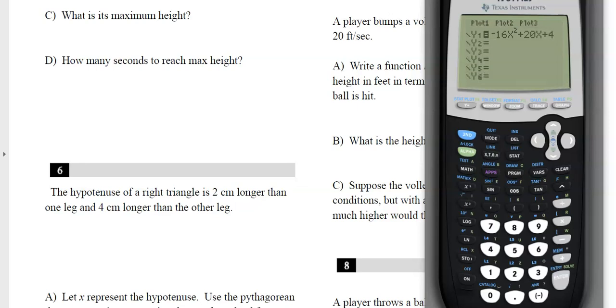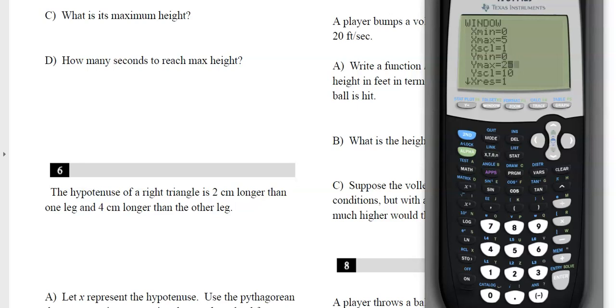So let's think real time about this problem. We're going to go 0 to, I doubt if it's going to be in the air, 10 seconds. Maybe we'll shrink 0 to 5 seconds. And then for the height, I didn't even check to see if we needed to know when it hit the ground. So if I need to go negative, but I'll just go 0 to, I don't know, 25 feet.